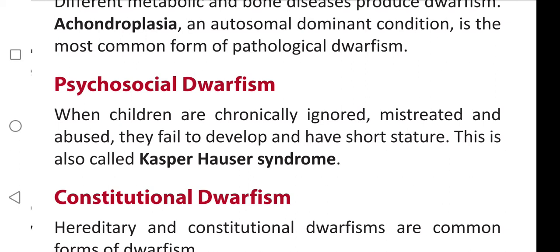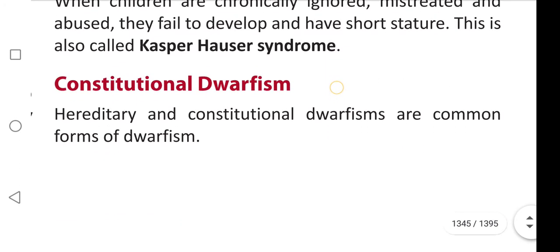It is psychosocial dwarfism. Coming to constitutional dwarfism, hereditary and constitutional dwarfism are common forms of dwarfism.